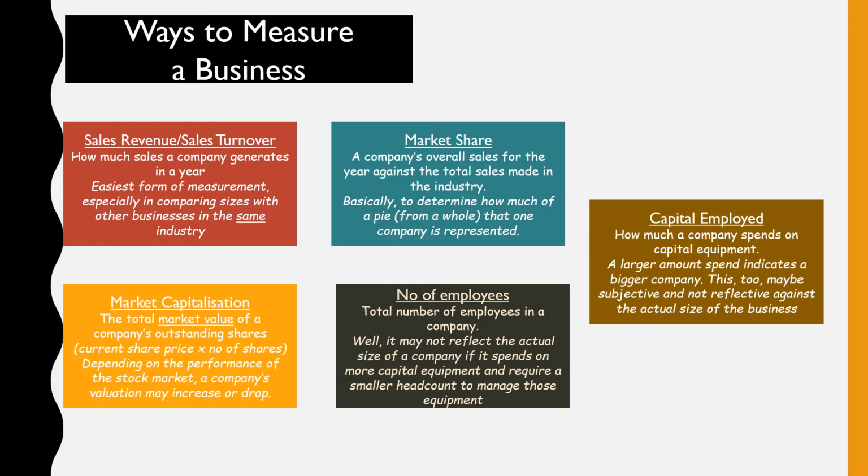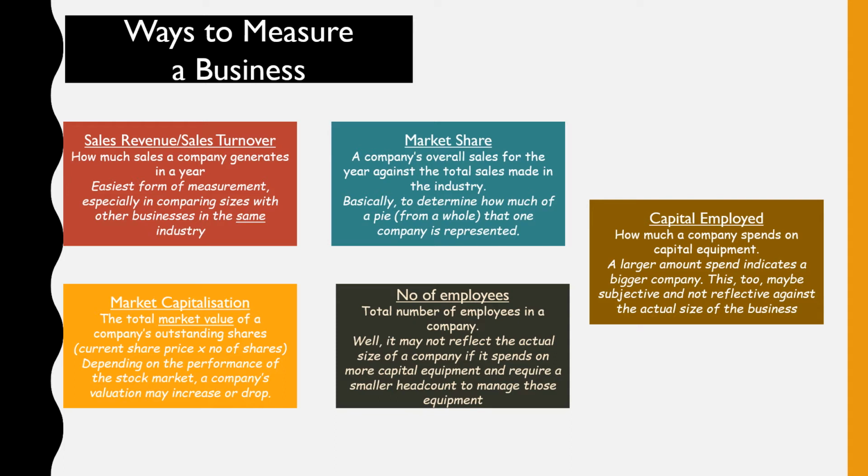So there you go, we have five different types of measurements to see how a business grows, and it is useful to note that comparisons are best made within the same industry. Comparing a company that focuses on making shoes versus an industry that focuses on F&B would be a contrast in terms of comparison.